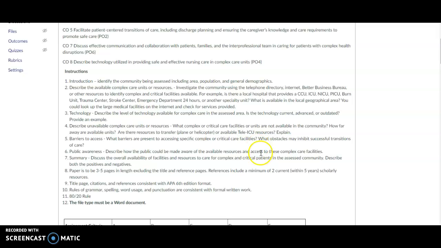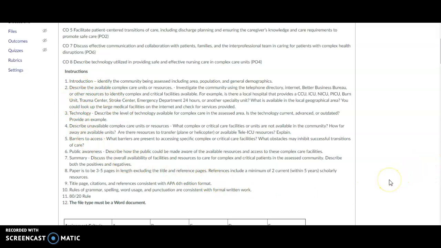When you are looking at a rubric, you want to make sure you're answering all the questions, and that's how you get the points. The paper should be 3 to 5 pages in length, excluding the title and reference page. Make sure your references are within 5 years. I strongly suggest you use at least level 1 headings, and then you divide each one of these up into a section or a heading, and that way you know you've covered everything in the paper.